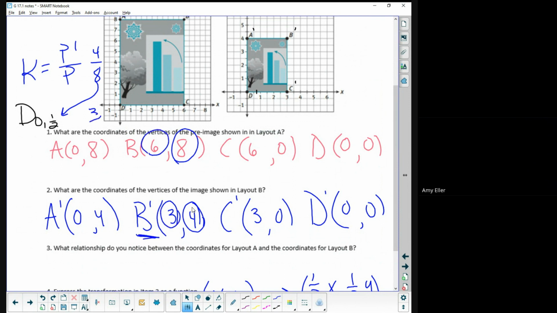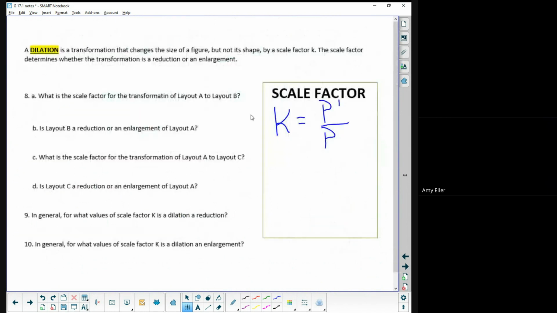It goes with 6, and when I simplify that, I get a half. If we do this in the reverse order, we are not going to get the right answer. So anytime you're asked for scale factor, take either the x or the y from any prime point, then divide it by its corresponding original point. Questions on that? We'll do that more in a different lesson. This is just sort of an introduction. All right. You can pick up your pencil.